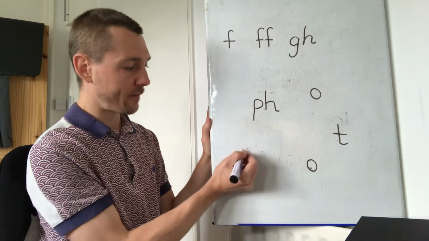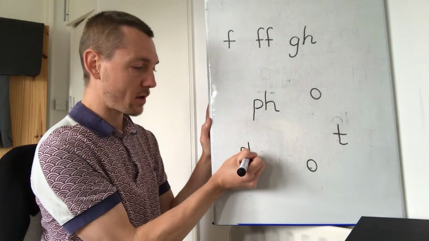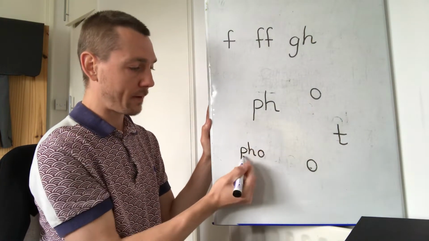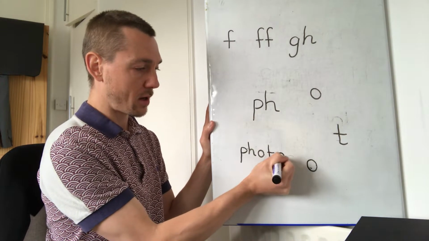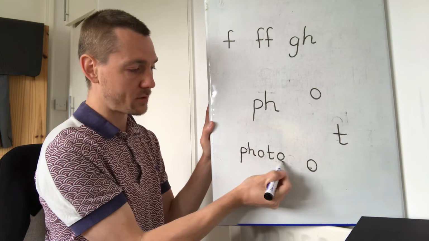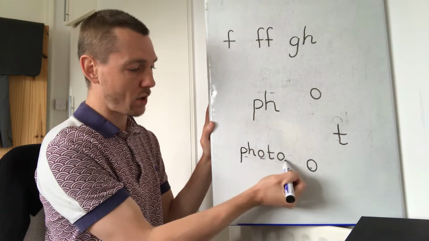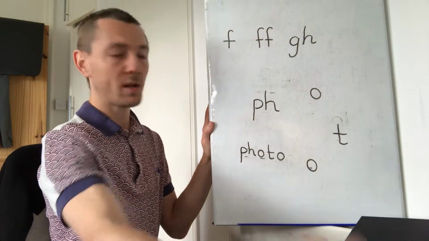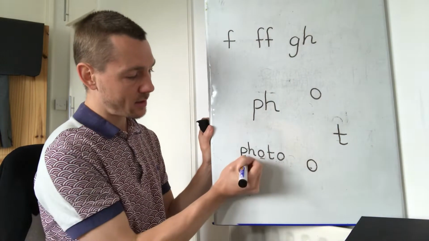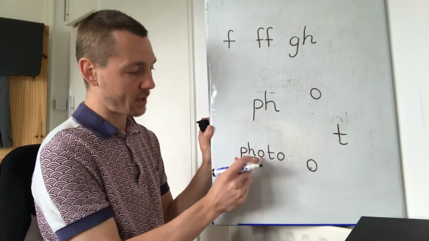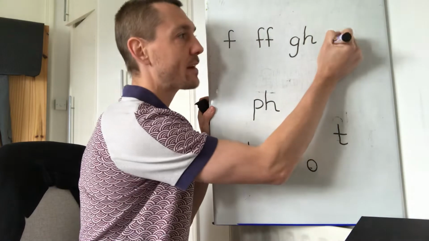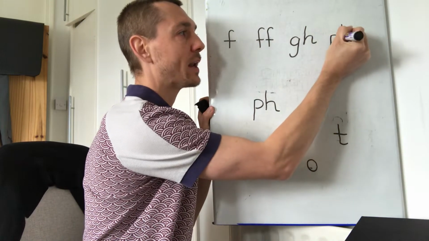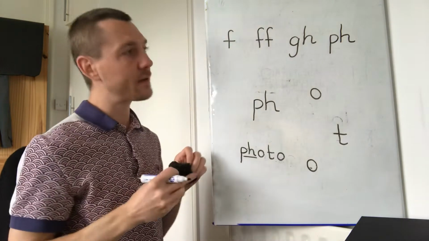And we say f, o, t, o, photo. Now in this word, the P and the H are being used, of course, to spell the f sound. So that's our fourth spelling of the f sound for today.